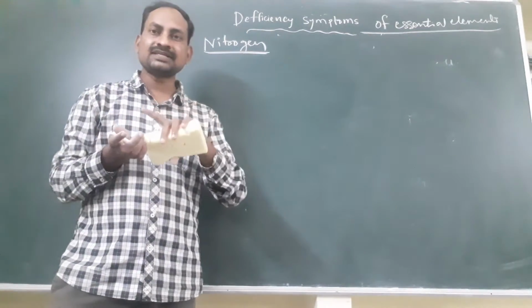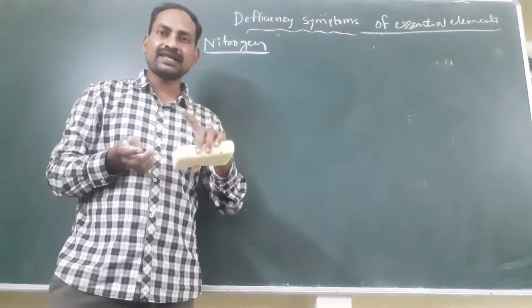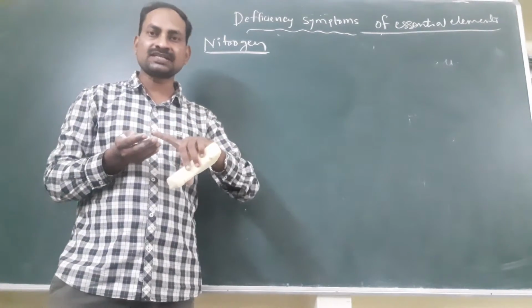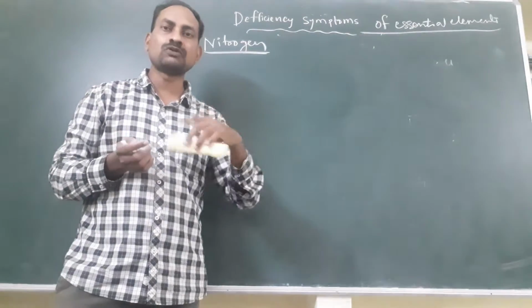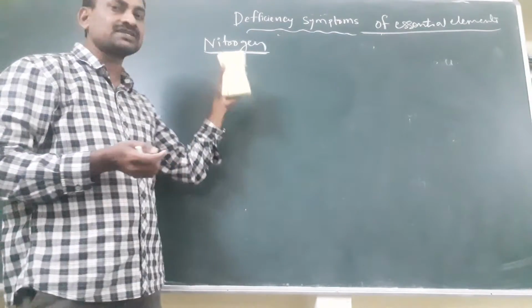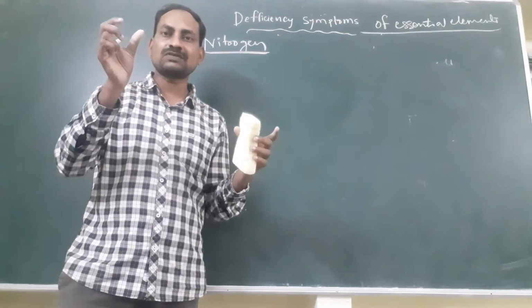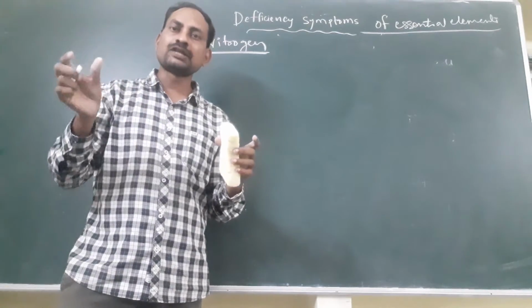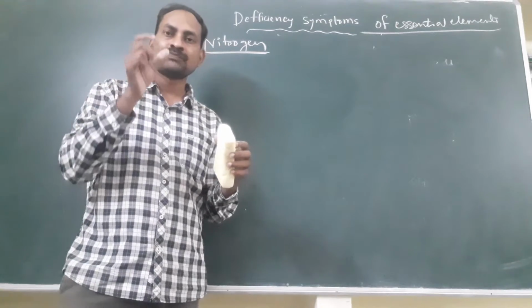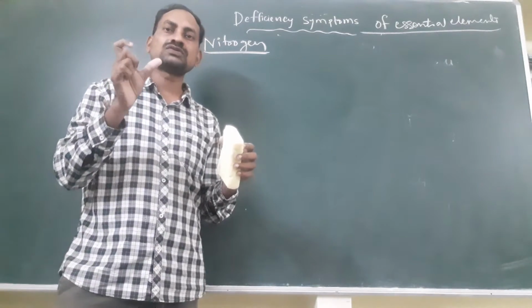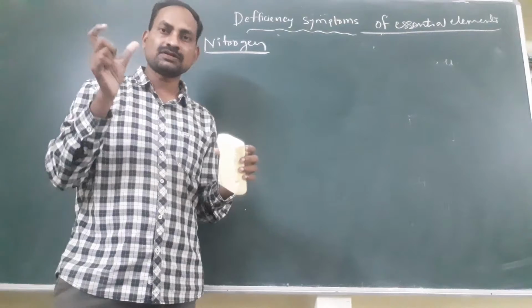That is movement, and this is called mobility. So nitrogen is a mobile element, and the symptoms first appear in the older leaves. That's why in most plants the older leaves show yellow color.